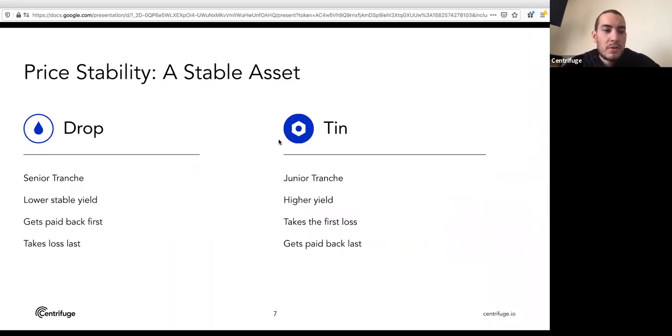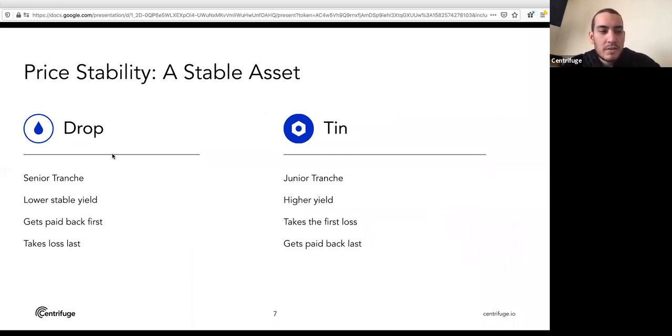I mentioned the two different tokens earlier. The one feature that the Tinlake contracts have that makes Tinlake assets an extremely interesting asset class for DeFi lending protocols, but also for larger institutional investors, is that we create a structured finance product.